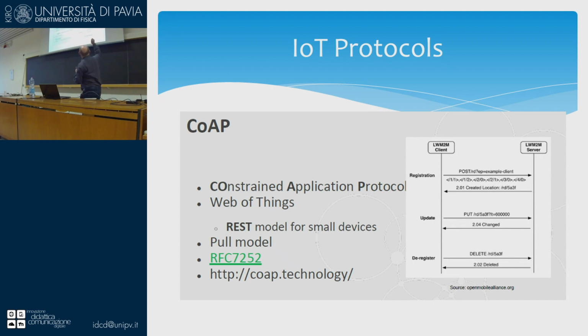So you register the thing, and it says, I'm here, I'm present, and I'm ready to be updated. We are doing this overview of protocols in order to understand what is the right protocol for your problem. There is no silver bullet.